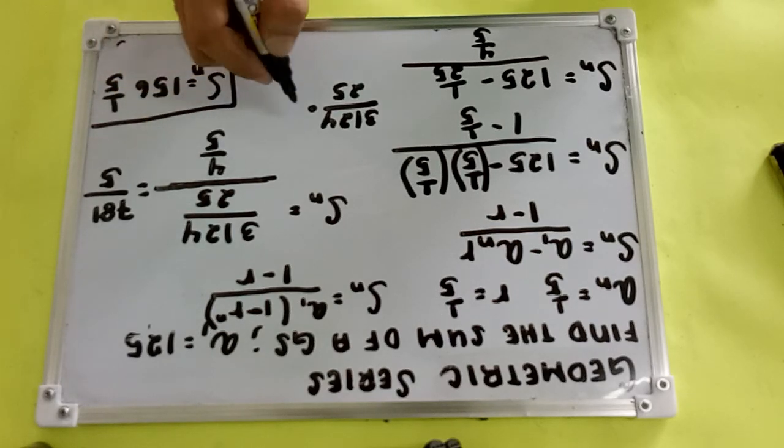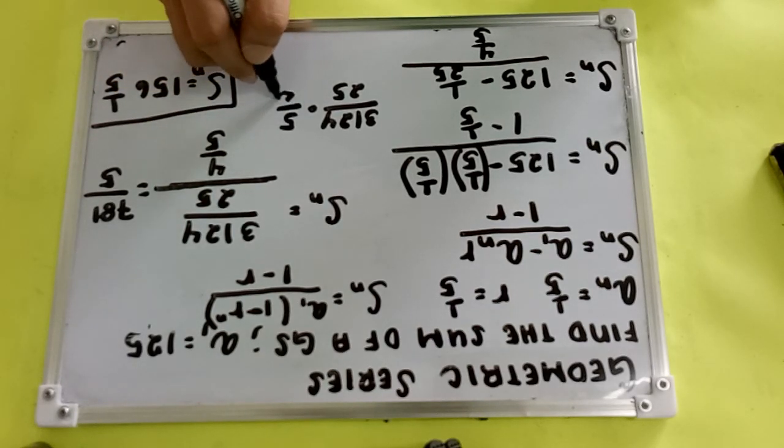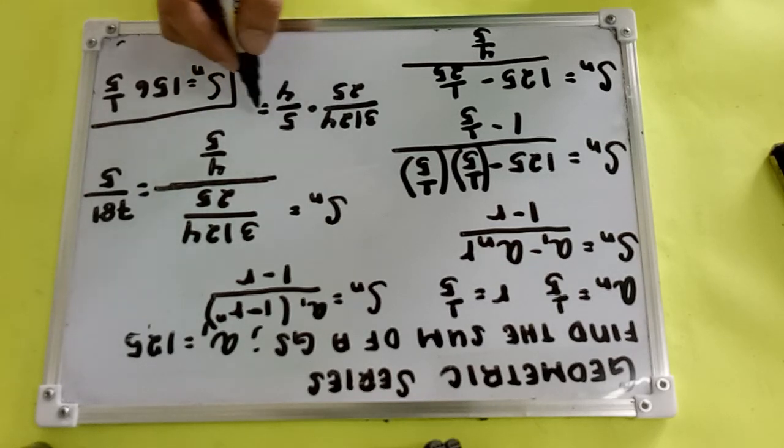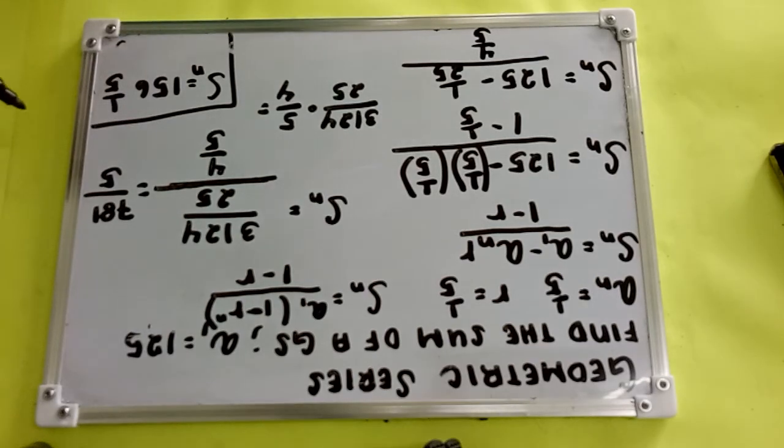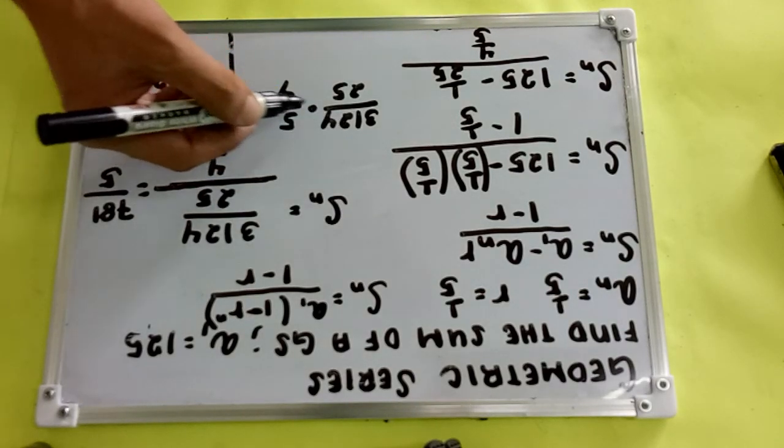So ang reciprocal niya is 5/4. And then you just have to multiply numerator to numerator, denominator to denominator, and then simplify para makuha nyo yung 781 over 5. And then, transform it to mixed fraction.